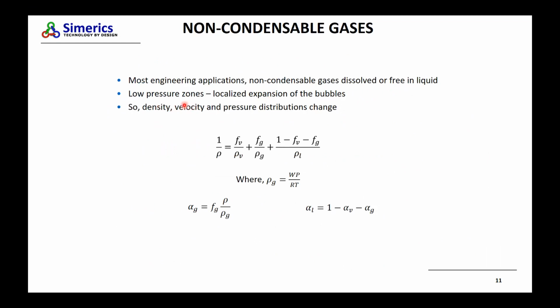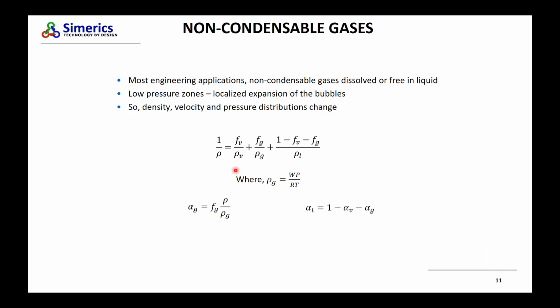What happens in low pressure zones is you will have some localized expansion of the bubbles. This will first be an aeration. So some free or dissolved gases will get generated, and then you will have the vapor formation as the pressure keeps dropping below the saturation pressure. And so the density, velocities, and pressure distributions will change based on the localized effects and how much gas and vapor gets generated in those regions.